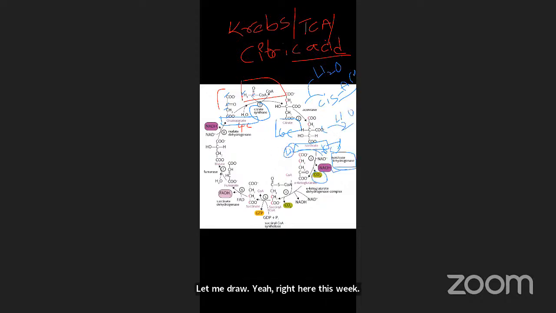After isocitrate, oxalosuccinate is formed by only an oxidation process.